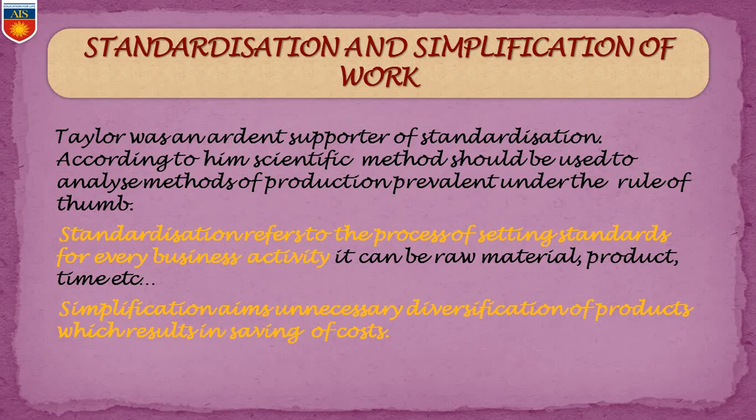Taylor advocated that everyone should work according to the same standards framed in respect of time, cost, amount of work, working conditions, and quality of work, etc. Standardization determines similar methods and techniques for production, and it also maximizes the efficiency with which work is performed. Standards are always set after scientific observation and analyzing the present performance.